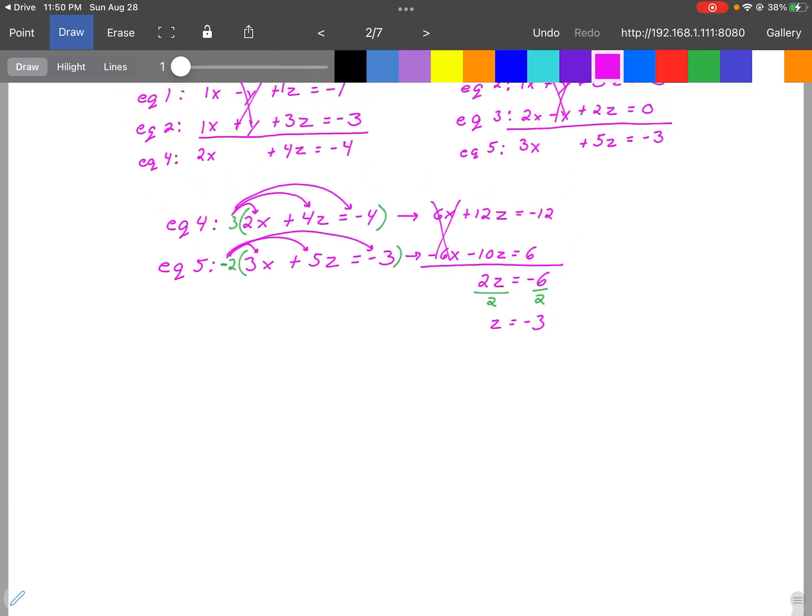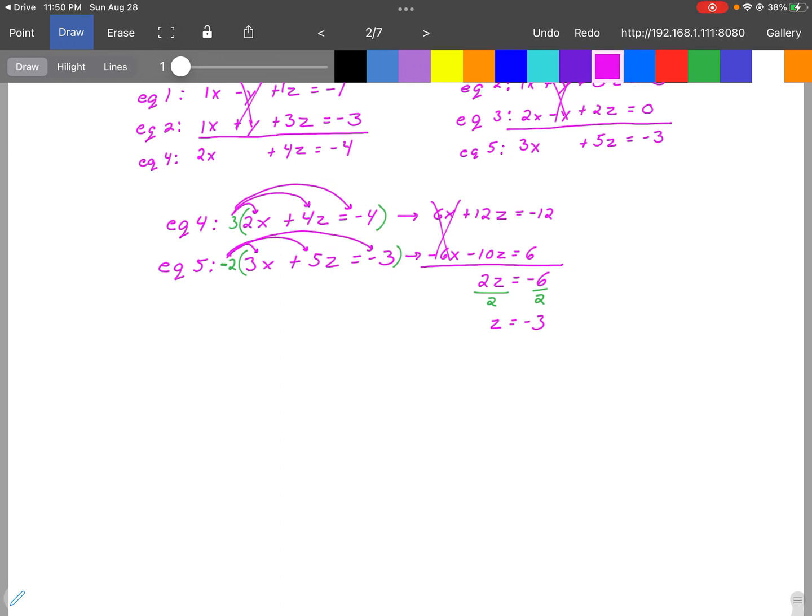So if I have z, then in my new system, my equation 4 and 5, I have x and z. Well, I know z, but I don't know x. So I'm going to take that value I got for z right here, and I'm going to plug that into either equation 4 or 5. And you can totally choose whichever one you prefer. I chose to use equation 4, but ultimately it's not going to matter.